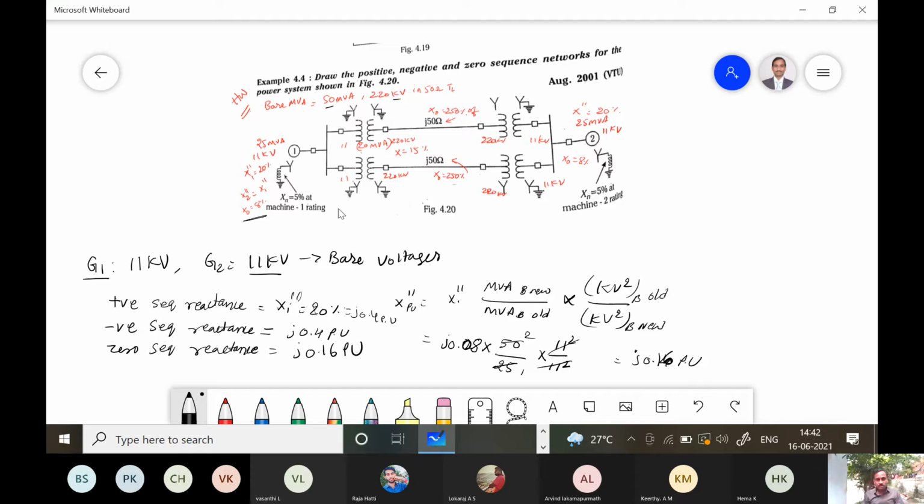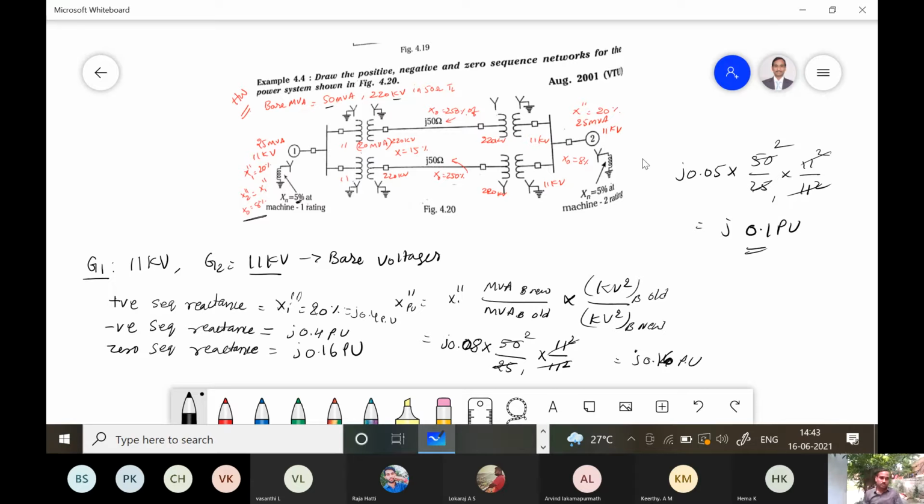Also, the neutral reactance of the machine is given as 5%. You also calculate this neutral reactance. It can be calculated as j0.05 multiplied by the same 50 by 25 into 11 kV squared by 11 kV squared. So this becomes j0.1 per unit, since 2 into 0.05 is 0.1 per unit.